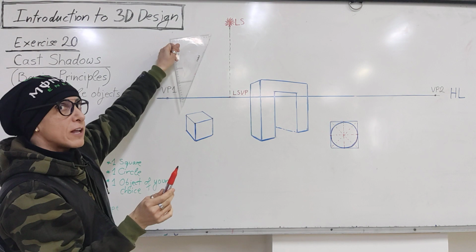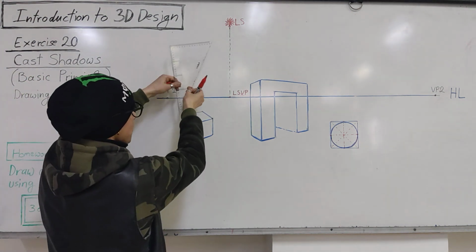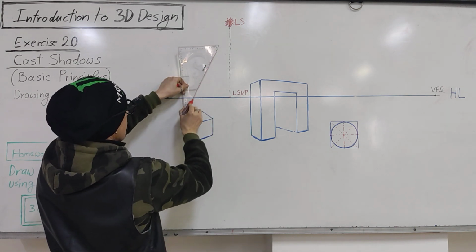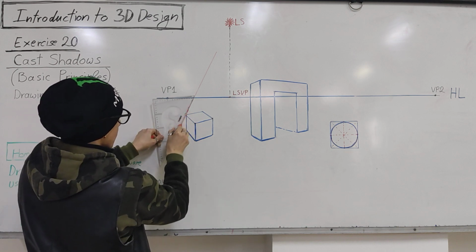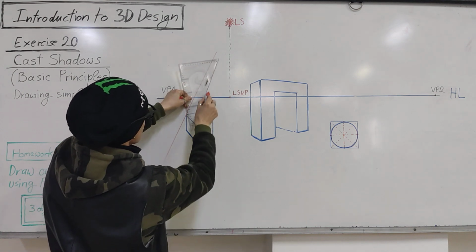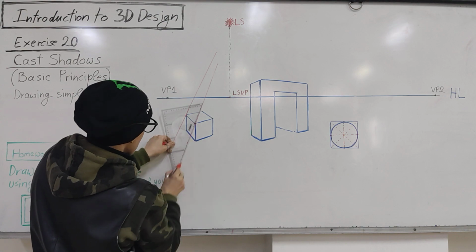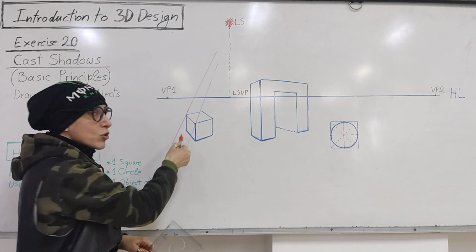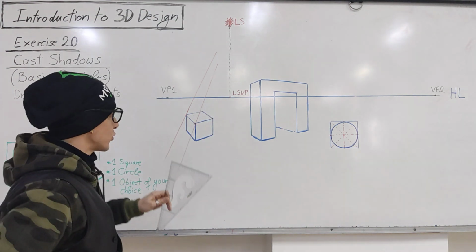Okay. Now, the light source is here, I select it. Now, I need to draw straight lines from the light source through the upper three points. Let me do that now. So from the light source through the upper three points, and through this point also. Now, how long, I don't know, okay? Later, when I also draw lines from these lower points, they will intersect, and then I will know the length.